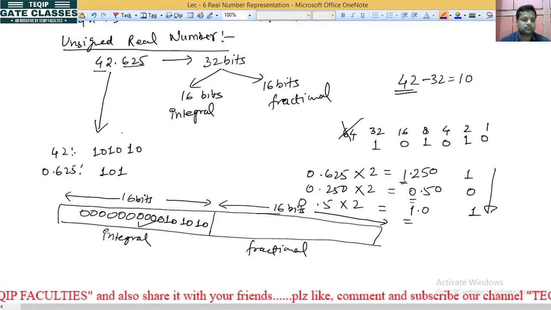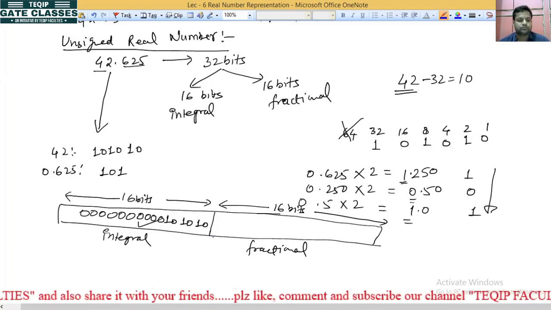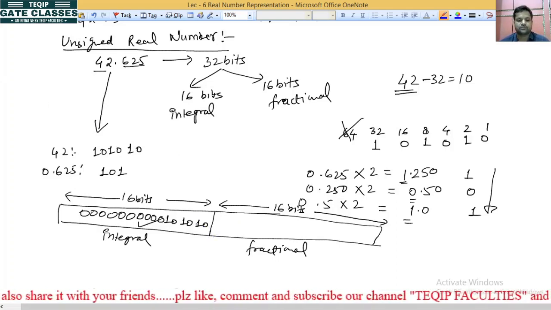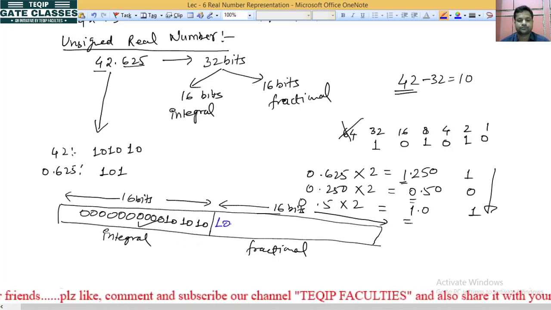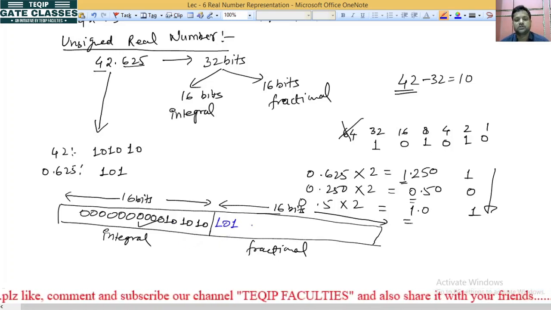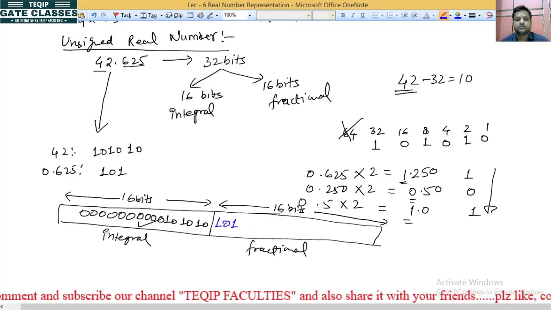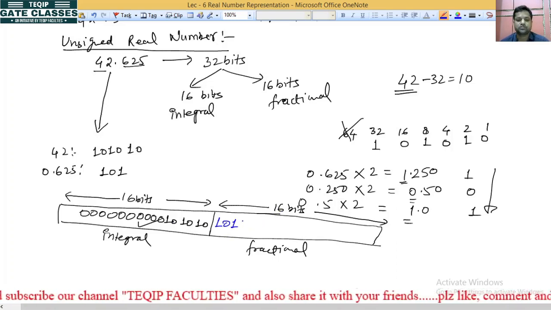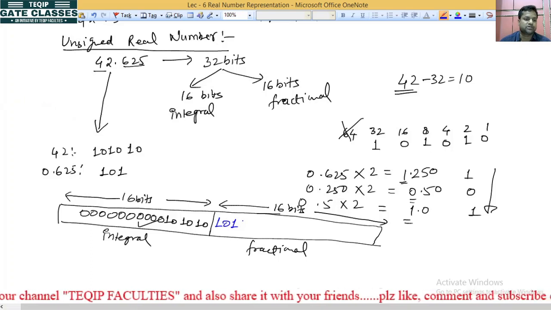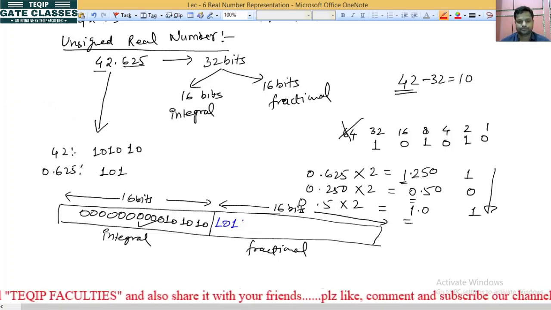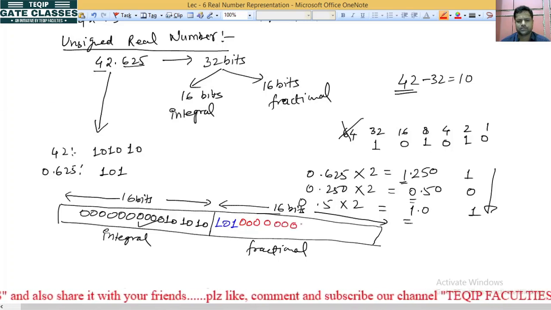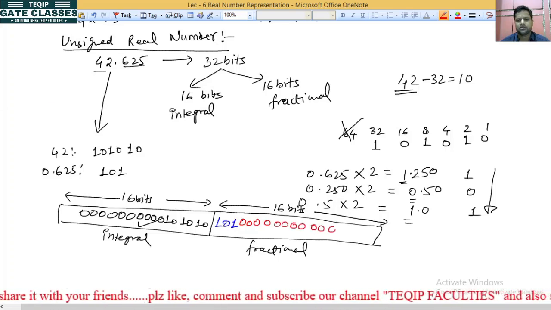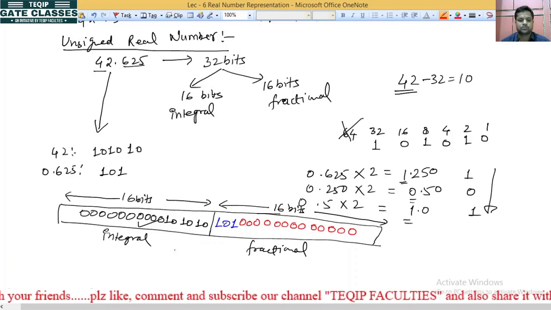Next one is 0.625. It will be 1 0 1, only 3 bits, and the rest 13 bits will be 0 here. So place 13 bits as 0. 1 2 3 4 5 6 7 8 9 10 11 12 13.